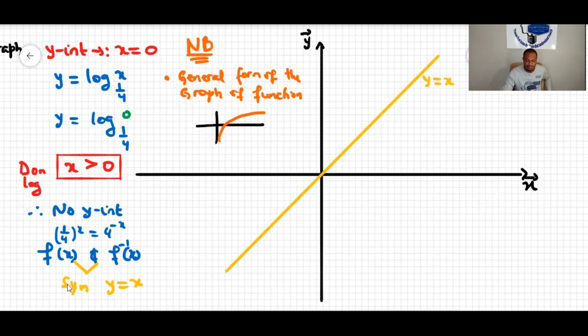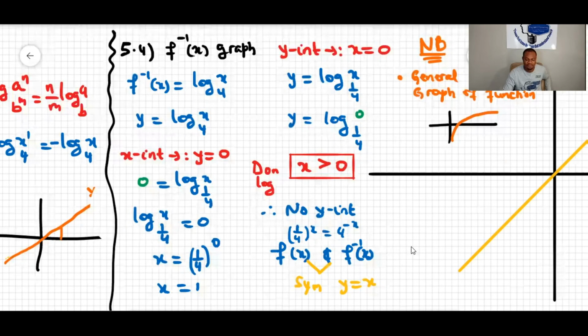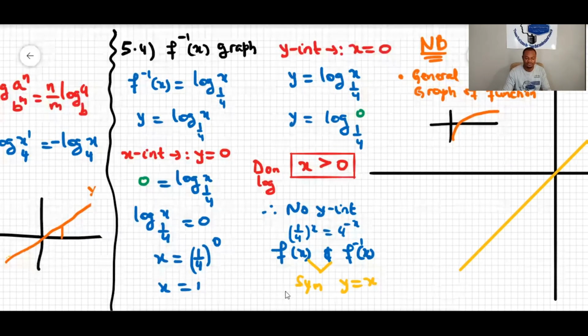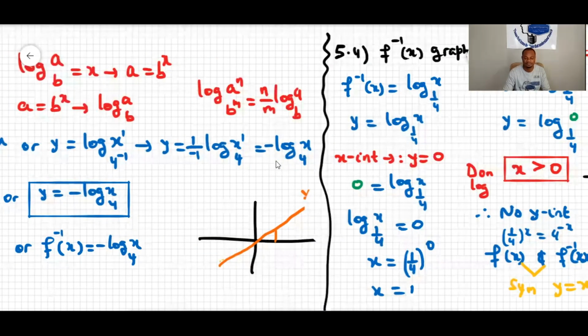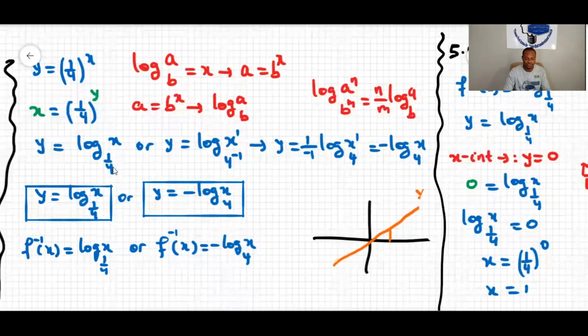But now when I look at my function here, I said base 4, I meant a quarter, it was a quarter here. But it didn't change anything in the calculations. Yes, a quarter, as we calculated earlier, is the same thing as negative log of x. Log of x base a quarter can be written as negative log of x base 4.